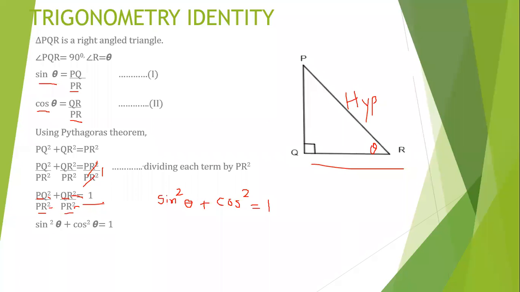You will get 1 over here, and then you can notice that PQ upon PR is nothing but sine theta. So you will write sine, and since we have square over here, we are writing square and then theta. So we got sine square theta plus QR upon PR, which is nothing but cos theta. So we are writing cos, and here will come square and here will come theta. So we have derived that sine square theta plus cos square theta is equal to 1.